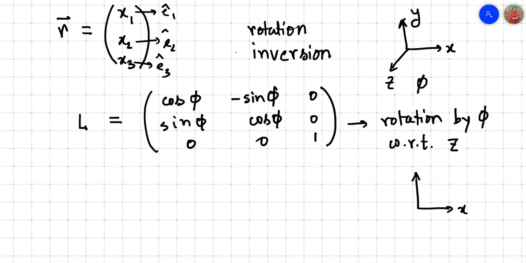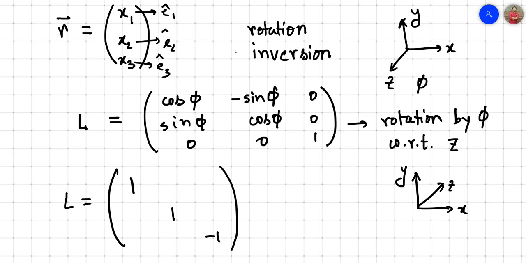And if we transform the coordinate by inverting the axis z, that means the axis goes in this direction, then the coordinate transformation matrix becomes simply 1, 1, minus 1.